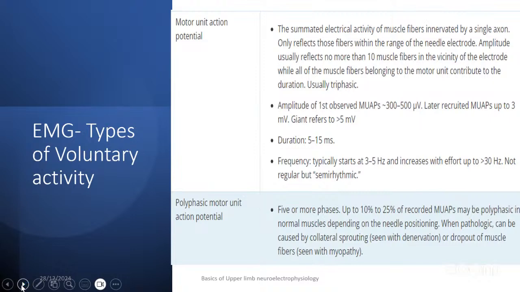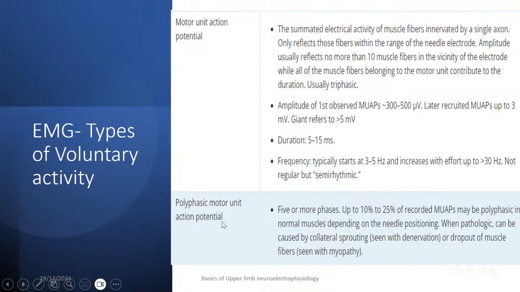Amplitude of the first observed MUP is 300 to 500 microvolts. Later recruited MUP is up to 3 millivolts. Giant refers to more than 5 millivolts. Duration normally is 5 to 15 milliseconds. Firing frequency typically starts at 3 to 5 hertz and increases with effort up to 30 hertz, not regular but semi-rhythmic.